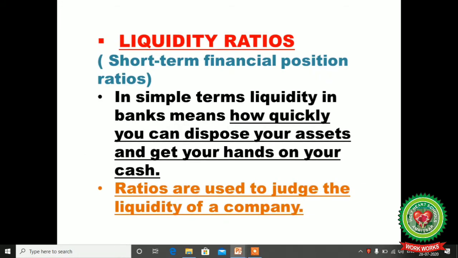So my today's main topic, liquidity ratio. Liquidity ratio considers the short-term financial position. In simple terms, liquidity in banks means how quickly you can dispose of your assets and get your hands on cash. It means how quickly you can convert the current assets into cash form, how quickly you realize your assets.